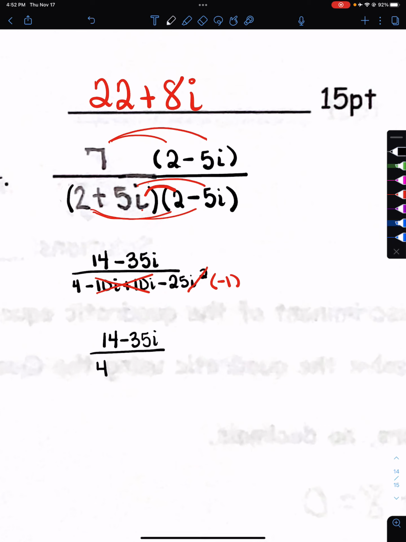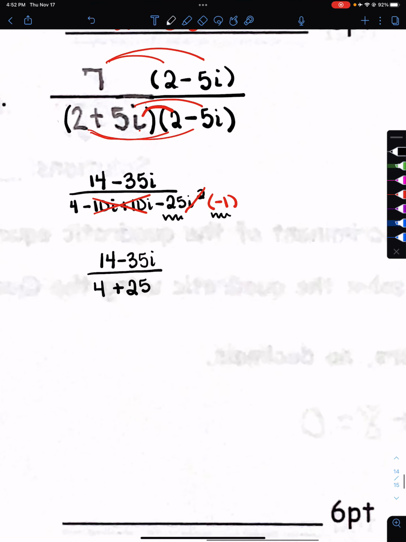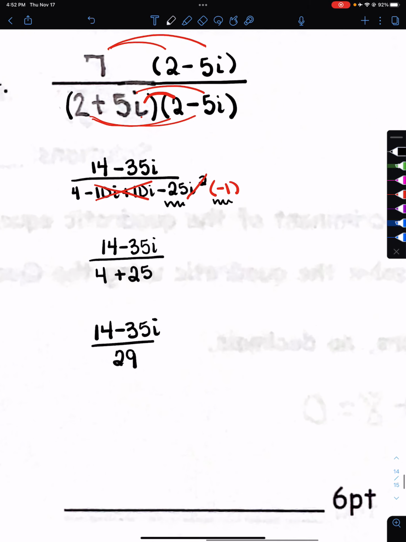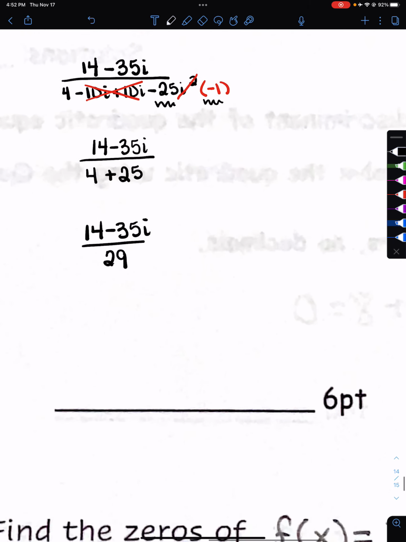And now this is a positive 25 because negative 25 times negative 1 gives me positive 25. So I've got 14 minus 35i divided by 29. Okay. So my solution, 14 minus 35i divided by 29.